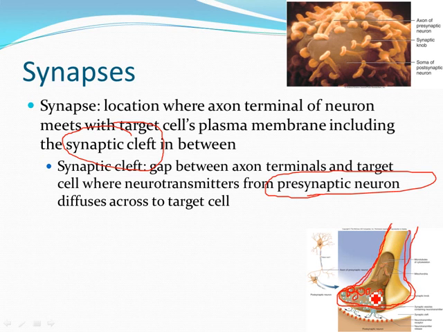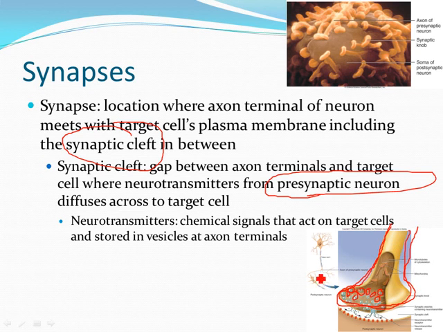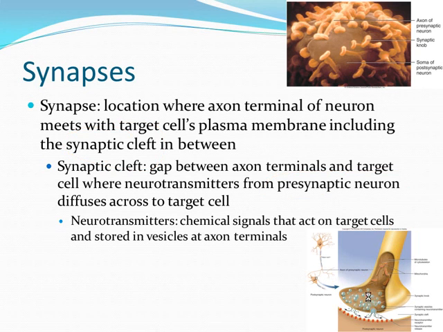The bubbles are the vesicles. Remember, they're the membrane-bound vesicles. Once they fuse with the plasma membrane, they expel the neurotransmitters into the synaptic cleft, and once in the synaptic cleft, they diffuse across to the target cell.